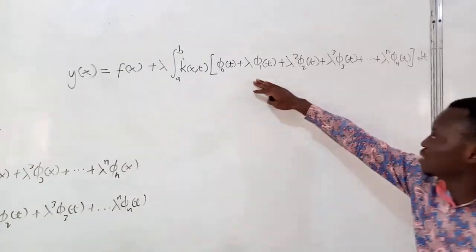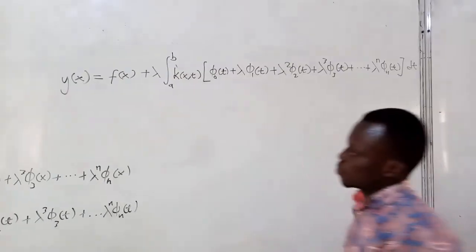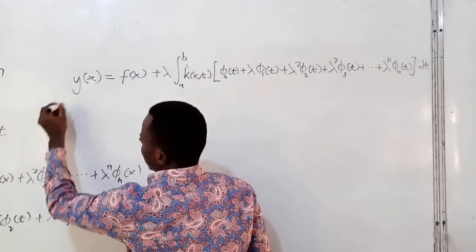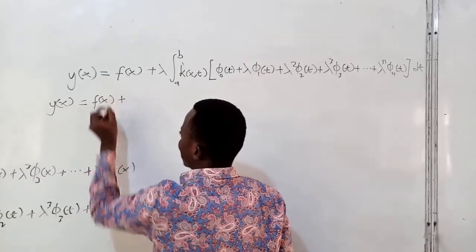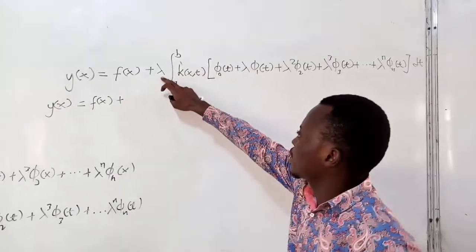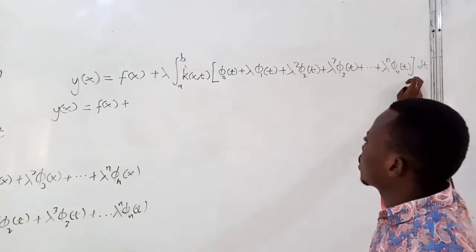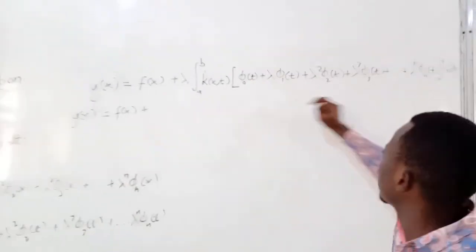Now let's expand this equation. Our y of s becomes f of s plus, if we expand the kernel and the first term here, then dt.